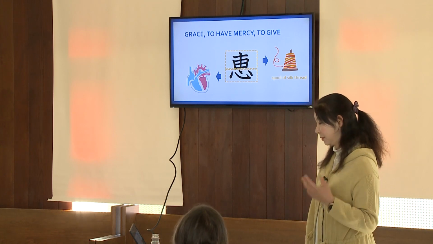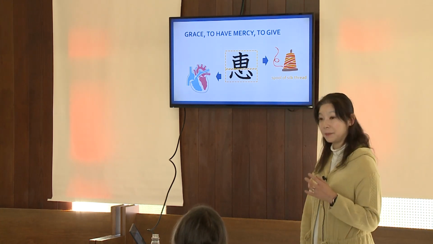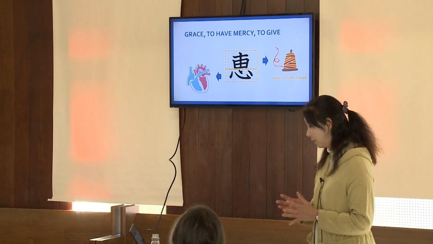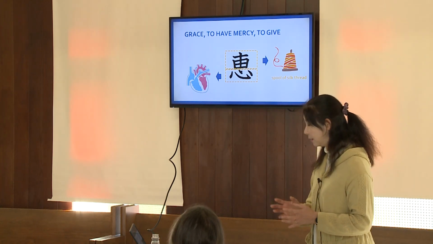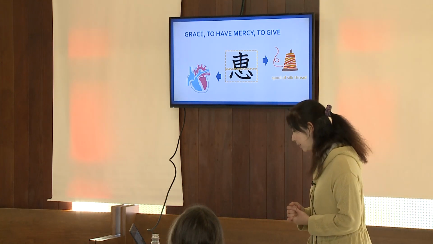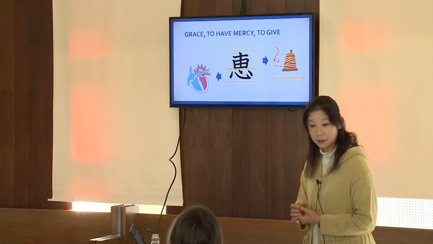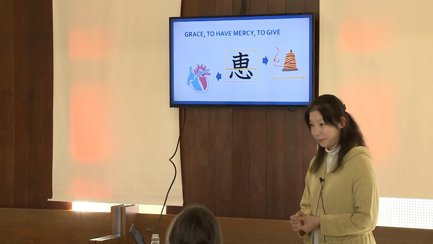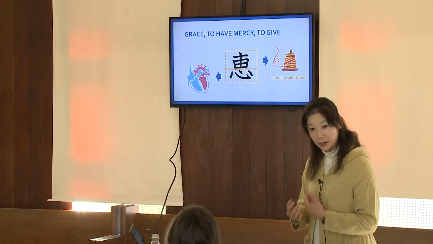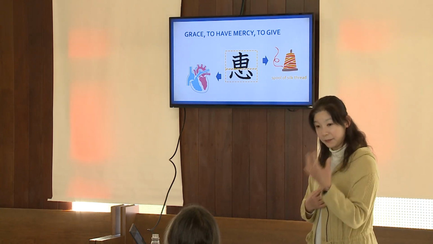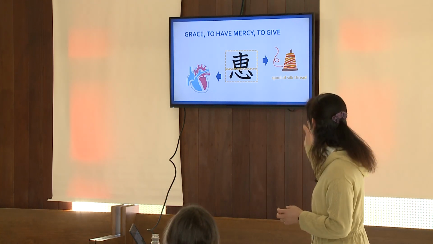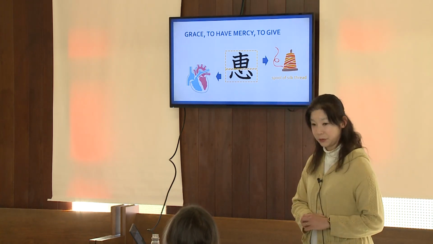So grace or to have mercy or to give is somebody or the action that the person has a heart with a spool of silk thread. Means that there are many precious things in their heart, and to give or share that precious thing to others, that is the action of grace, or to have mercy.